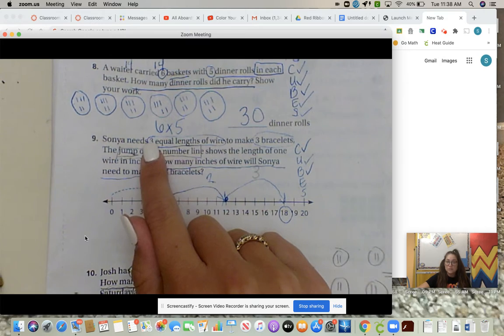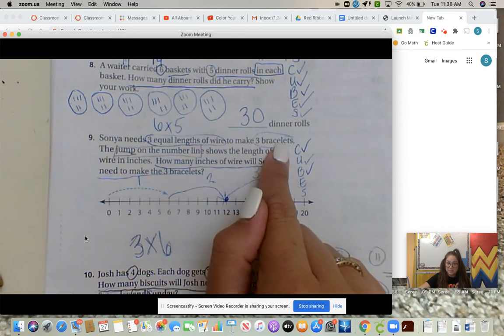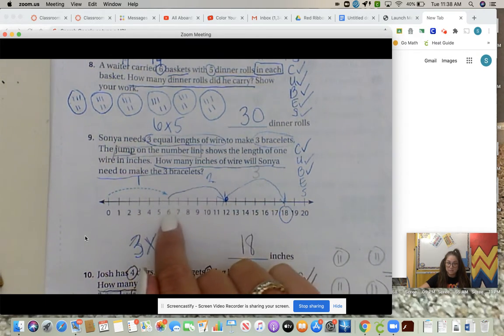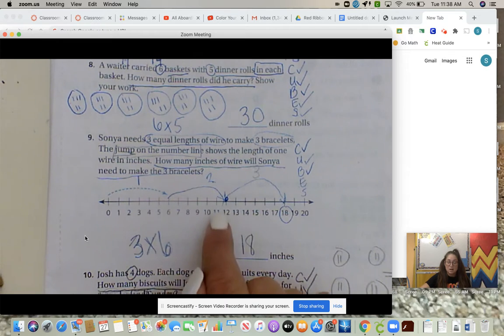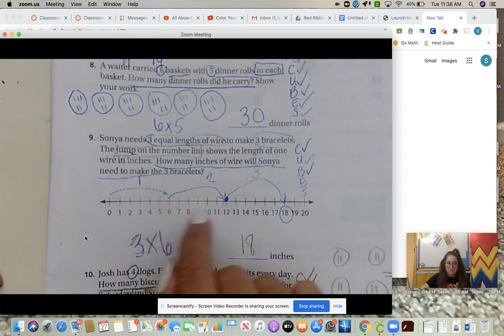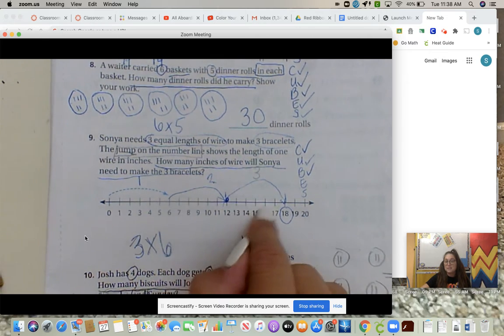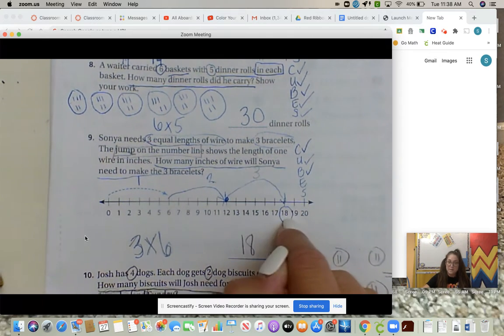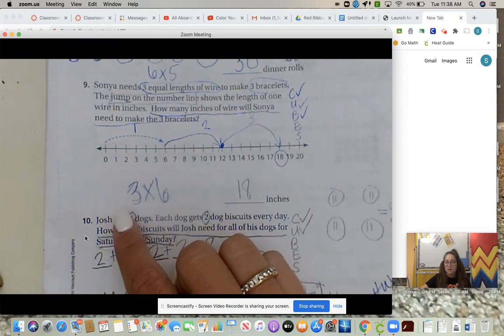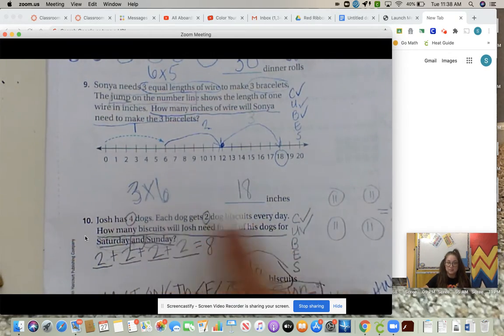Well, we need 3 bracelets, and there's 3 wires. So we need to jump 2 more times. Our second jump is to 12 because there's 6 from 6 to 12. And then we jump 6 baby ones to get us to 18. So it's 18 total inches, and our number sentence is 3 times 6.